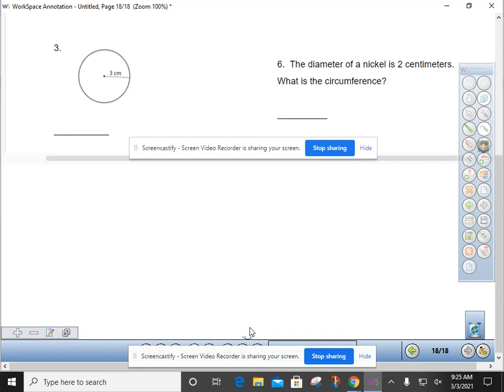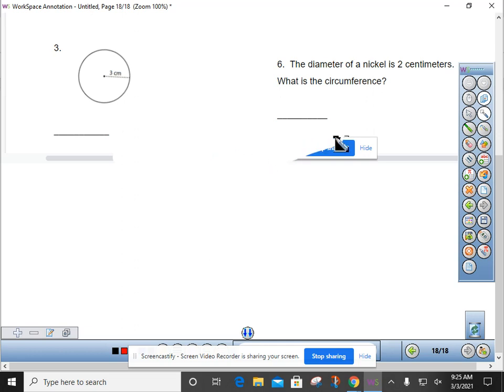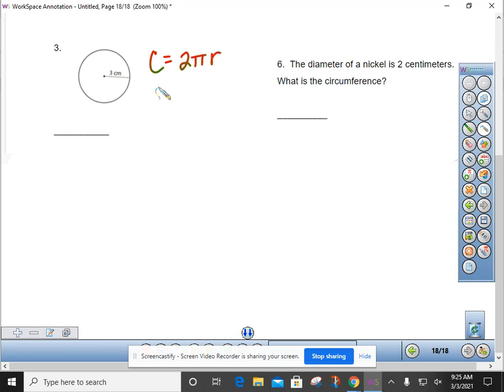Let's look at number 3. What do they give you? The radius. I still kept hearing people say diameter. So if I use this one, it's gonna be 2 times 3 times what? 3 times 6.